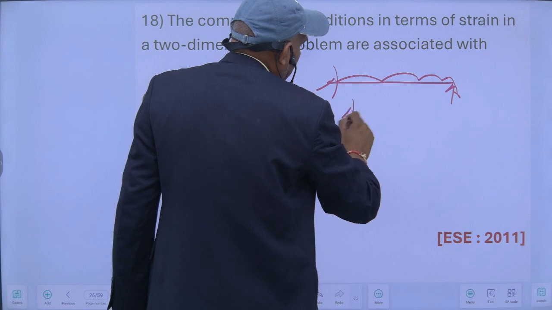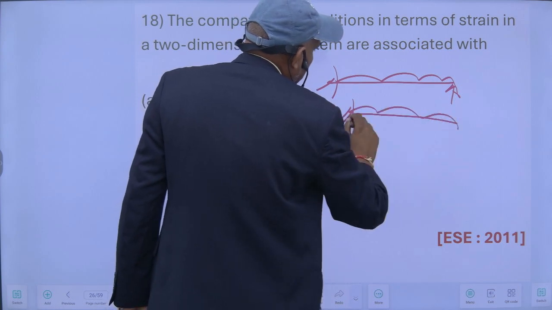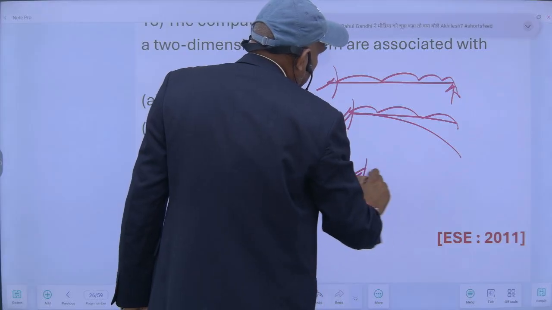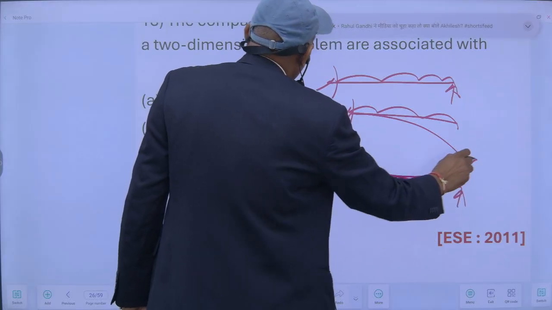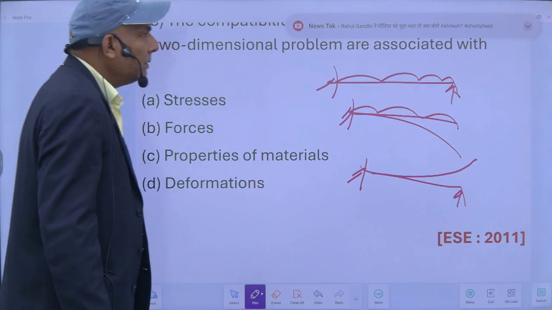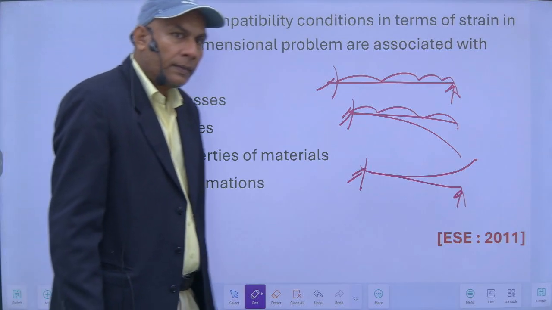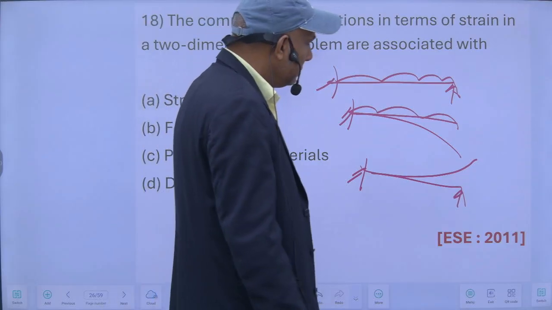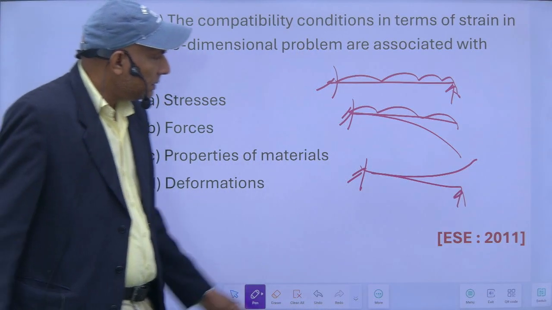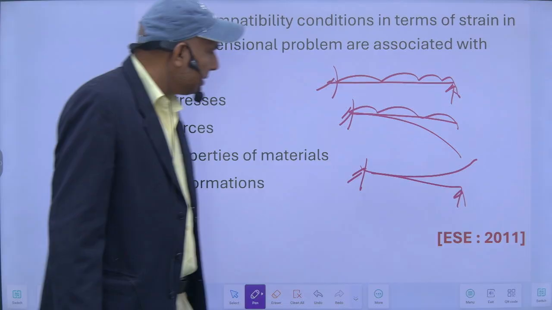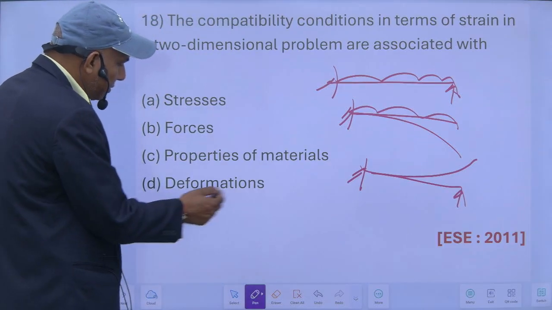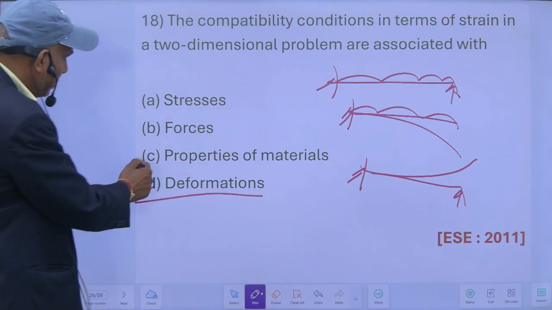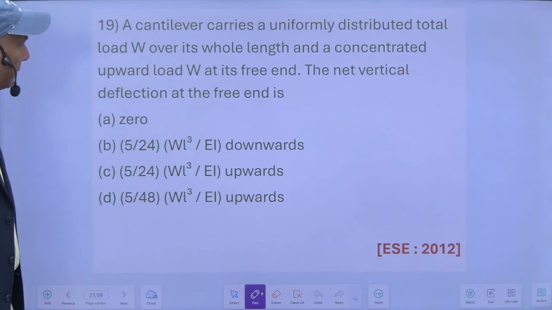My net deflection due to this is equal to the deflection due to this, so the net deflection is 0. This is nothing but a compatibility condition. So it deals with deformations. This is the right answer.